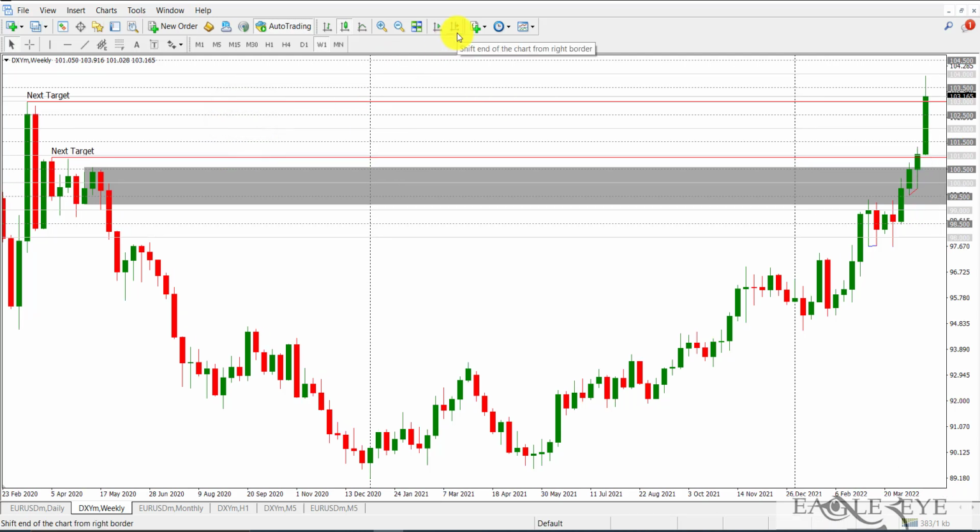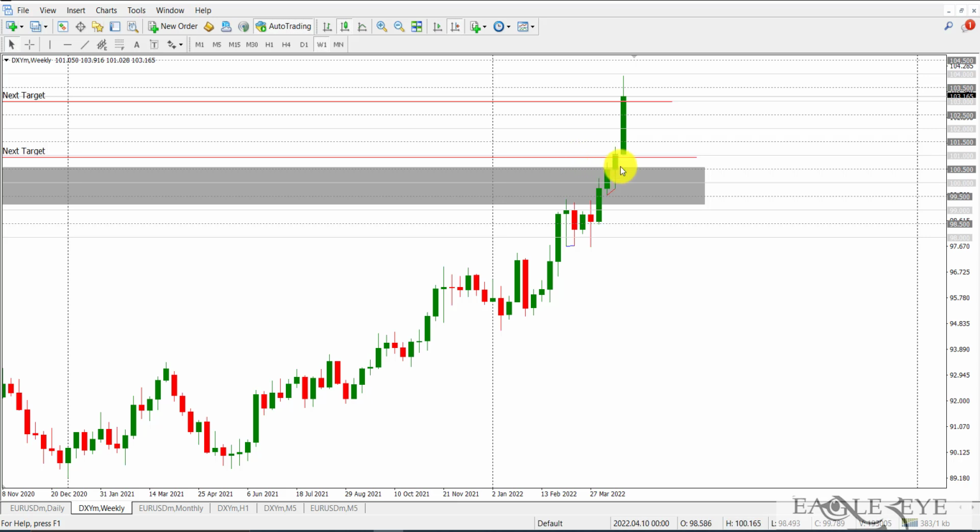Okay, so this is the weekly chart for the dollar index, and if you have watched the previous recap or review, I was talking about these highs. These highs I've indicated, with the next target and the next target, and we took the first target from this particular week, 18th to 22nd.